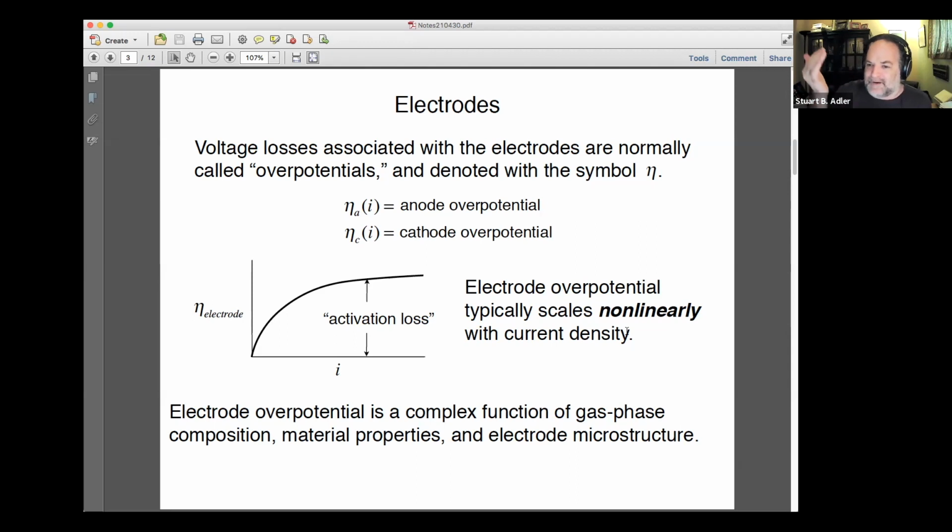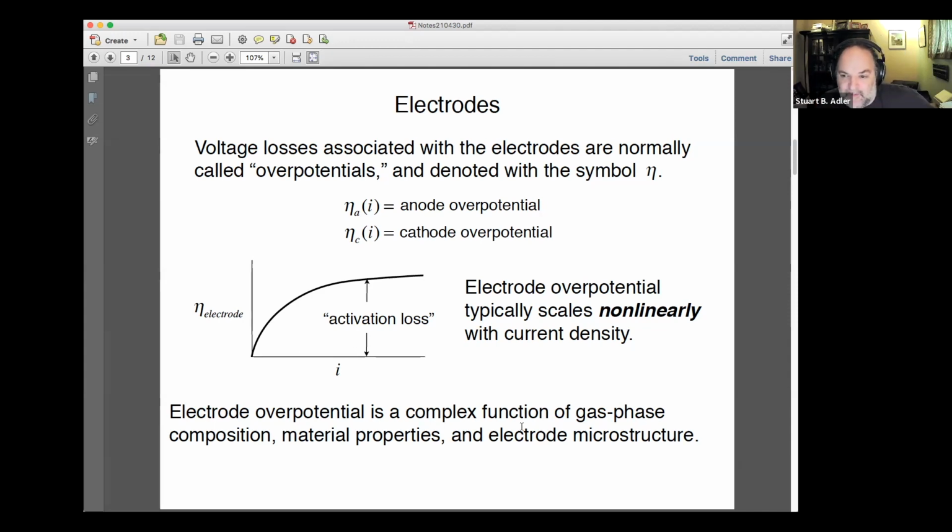And then once I've reached that threshold, further increases in current density don't cost as much. In a polymer electrolyte fuel cell, it's very dramatic. If you actually isolate the overpotential for a particular electrode and measure it, it tends to go suddenly upward and then become very flat as you continue to increase the current density. SOFCs, it's a bit more gradual.